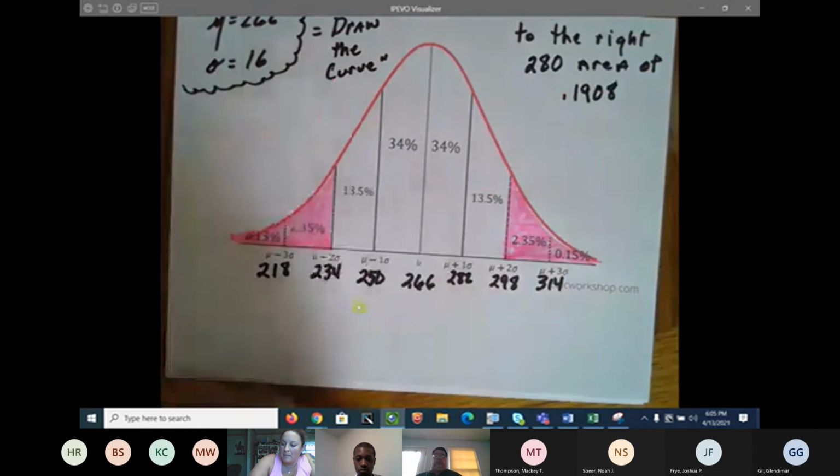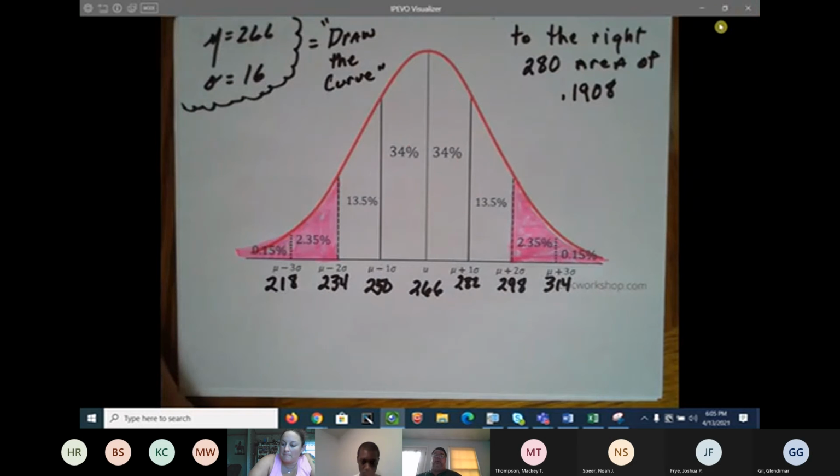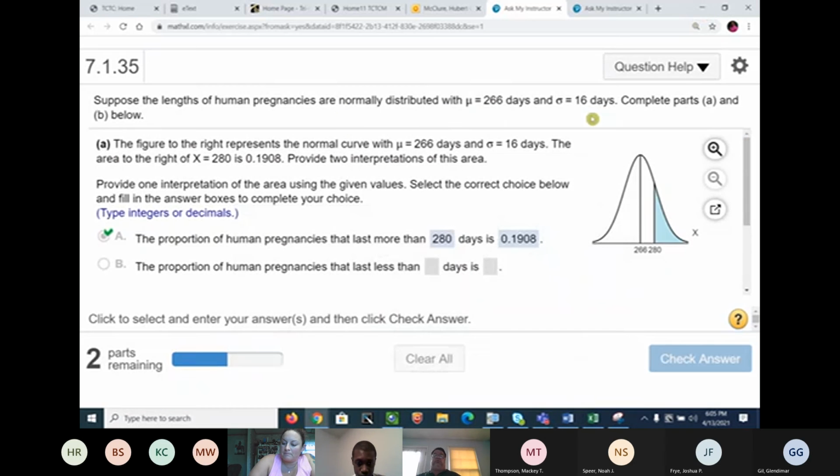Now, I want somebody to read this question right here before we do anything. I want us to read the context of the question. Suppose the lengths of human pregnancies. Okay, so you need to write that at the very top of your graph. I'm going to write it in red.